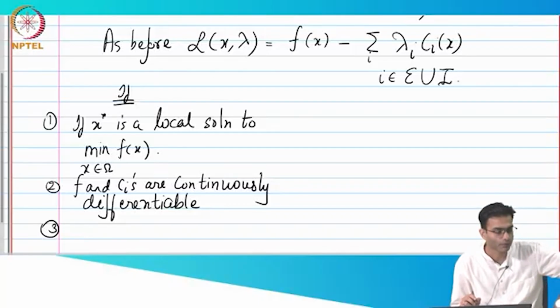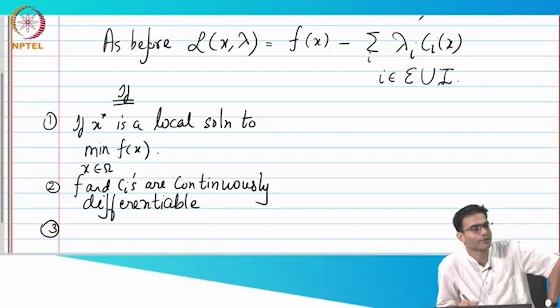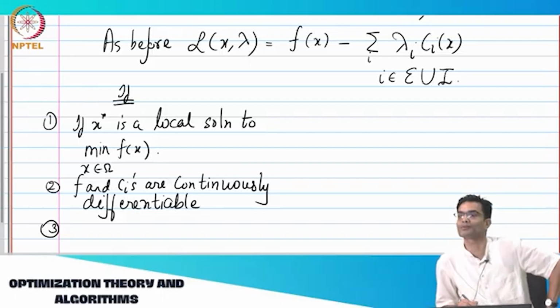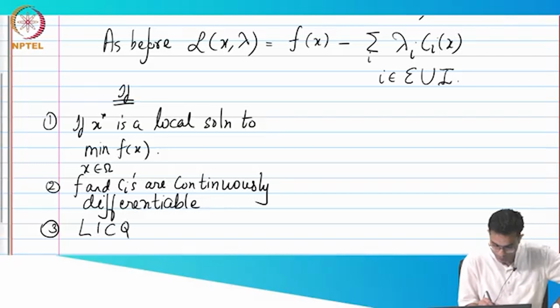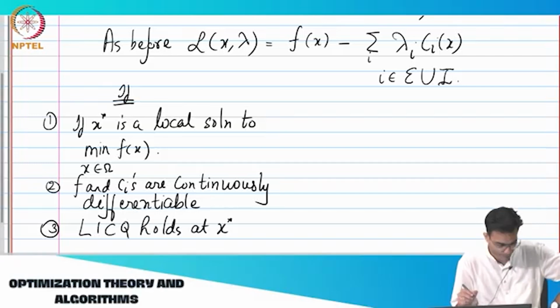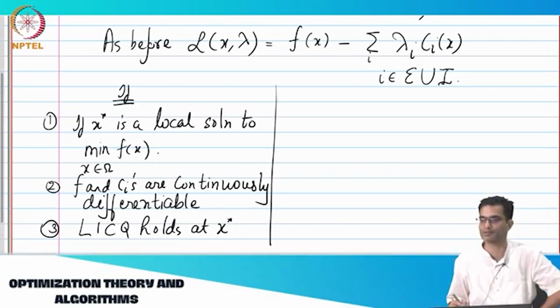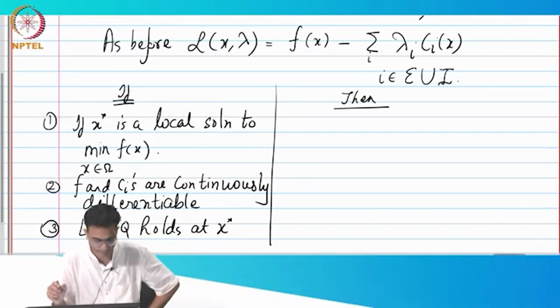What is the third condition you think? It's something very related to what we just did. Louder. LICQ, right? LICQ holds at x star. So if you give me all of these three conditions, then comes the then part of the theorem.